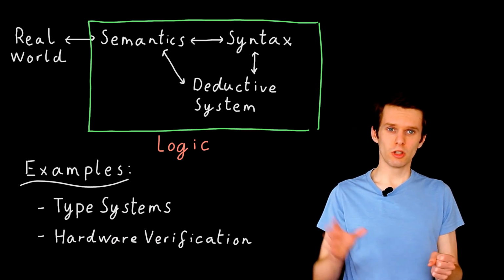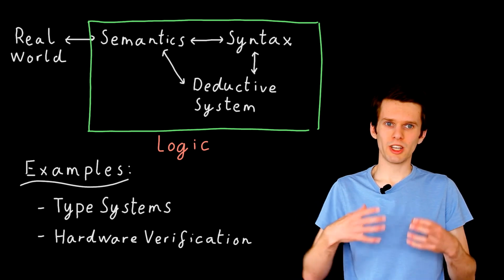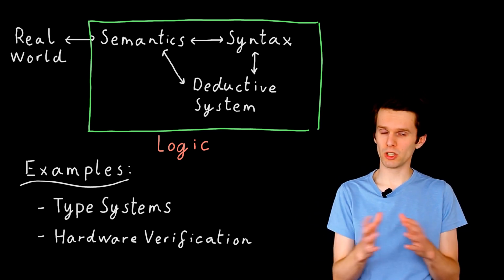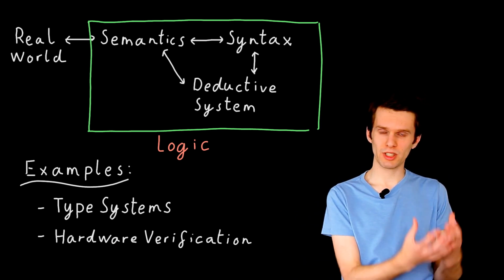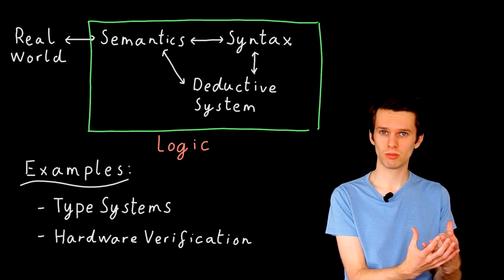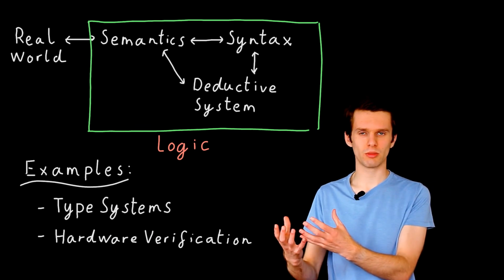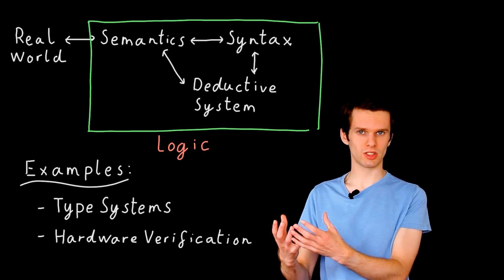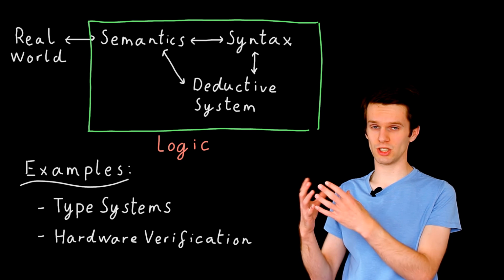And it's possible, through logics, to be able to mathematically prove beyond doubt that an implementation, which is an incredibly complex piece of code, matches a specification, which is far easier for humans to understand and make sure it's correct.